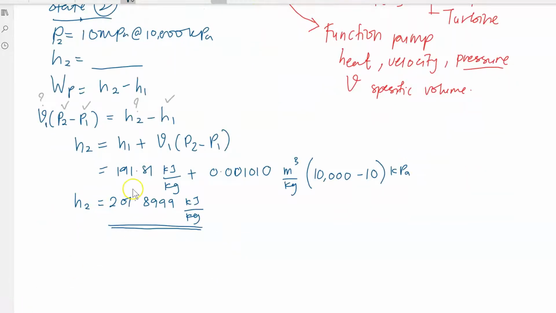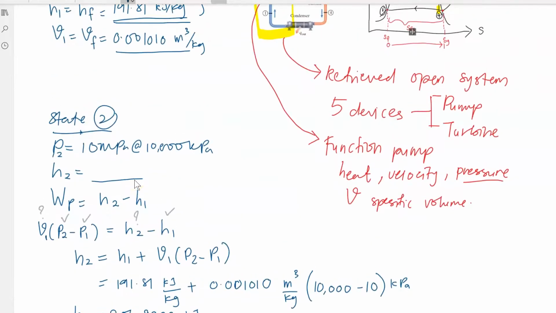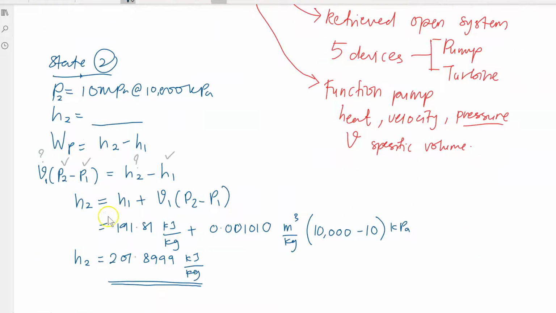Alright, hence you plug in all the values that you already obtained above into this mathematical expression. So you are going to have H2 equal to this value over here. And I would like to remind you that please do not leave out your units here, right?